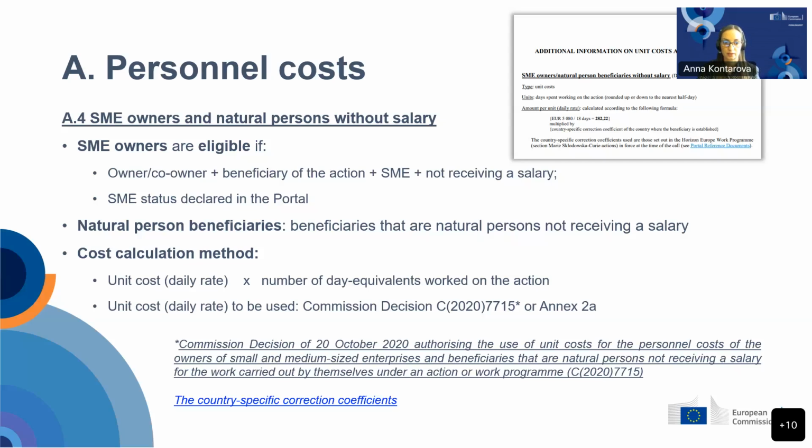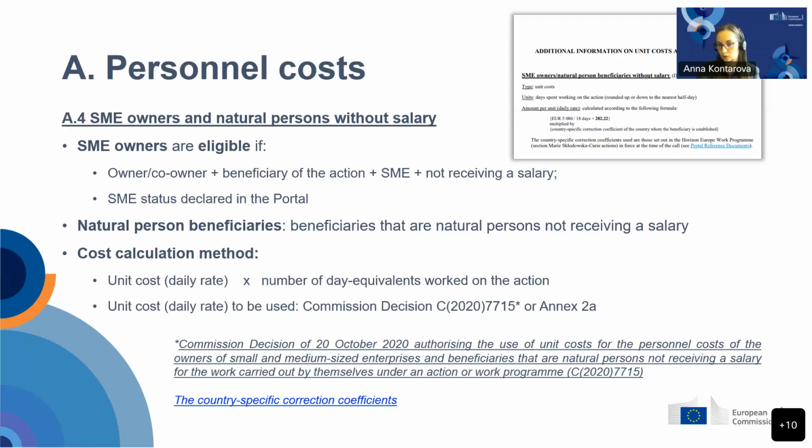And here the calculation of the cost is different than the first 3 categories, because for SME owners and natural persons without salaries, we calculate the unit cost per day equivalent worked on the action. You will see the detailed cost calculation in Annex 2A, but in principle, you will just take 282.22 euros.